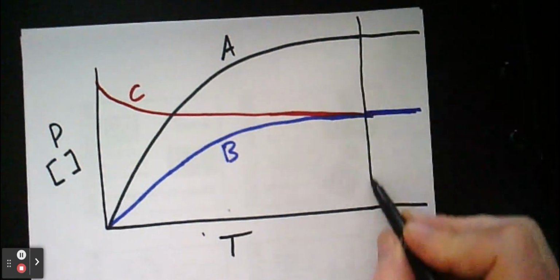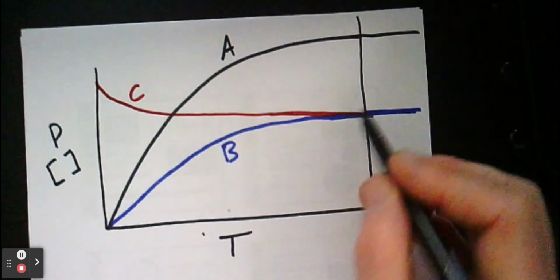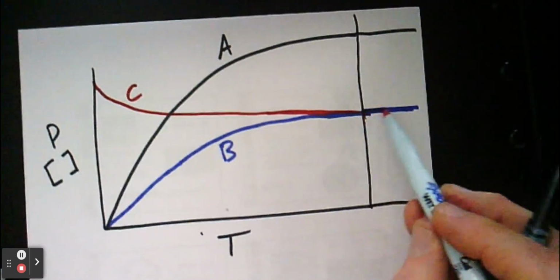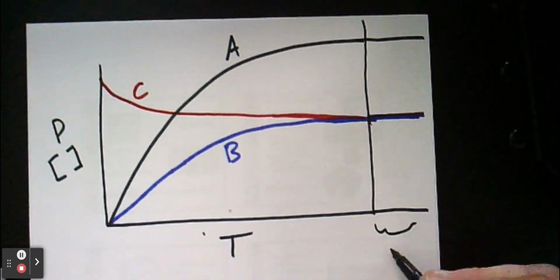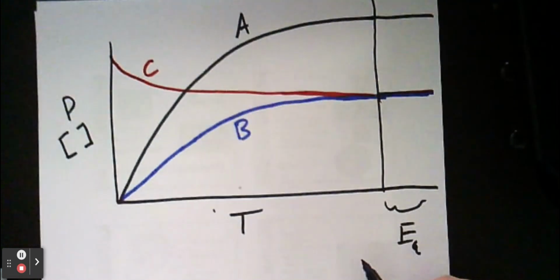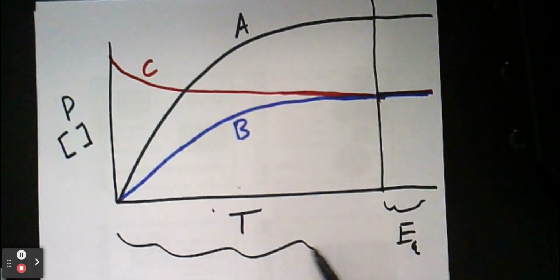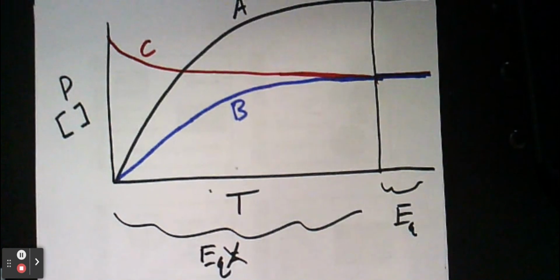When these things go flat, and the red goes flat right there, this is where I've got equilibrium. This section, I do not. Equilibrium is not present.